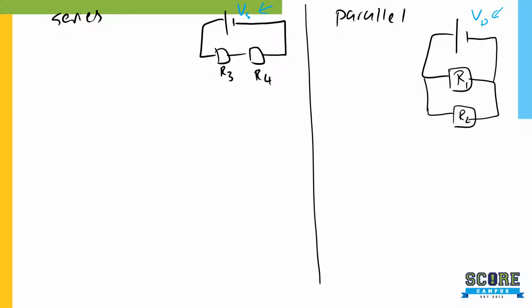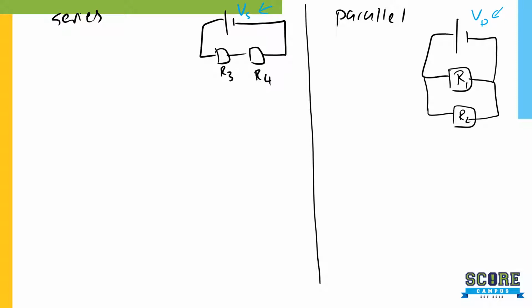Yeah? Now, the first thing, let's look at the voltage, which is also called the potential difference. You should already know this. If you see potential difference, it's basically asking for the voltage. I will not get into the science of what is the potential difference. That again will be in the current of electricity video.